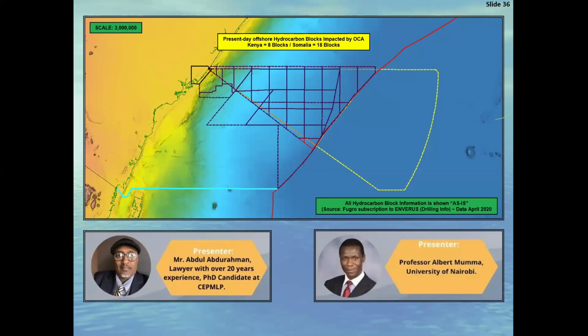So we don't really know exactly what the court is going to do. But Somalia is very confident that the equidistance line, which has been much favored in the past, would be the method that would be used in delimiting the maritime boundary. So at this point, I don't believe that Somalia is open to any more negotiations.